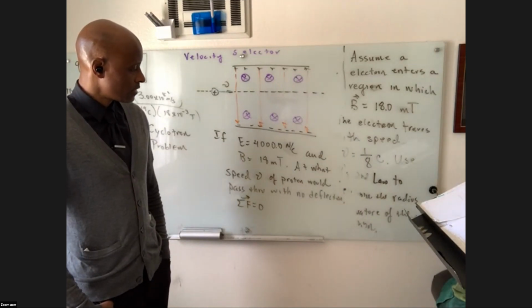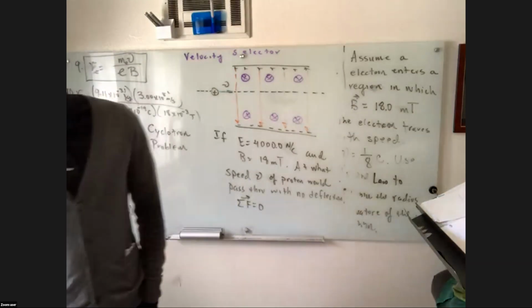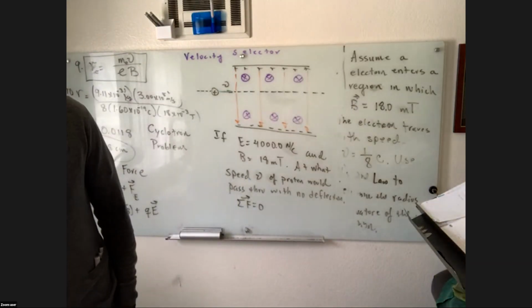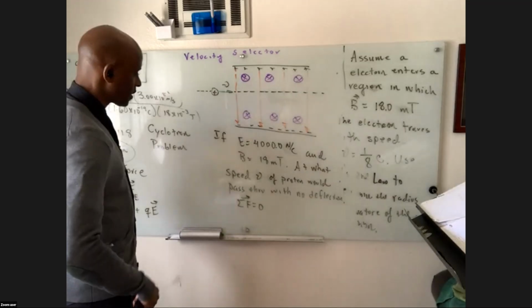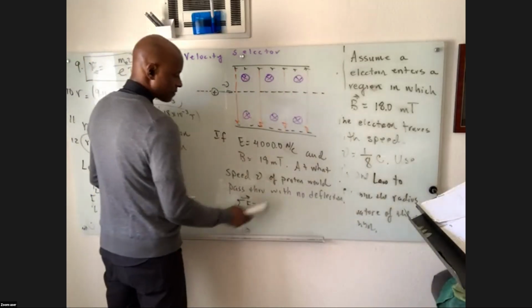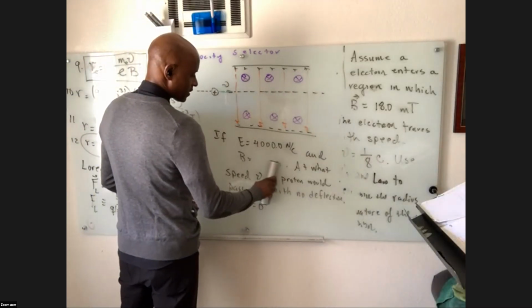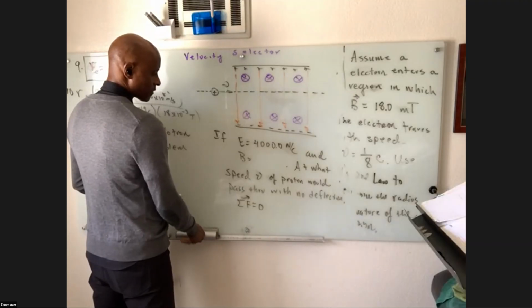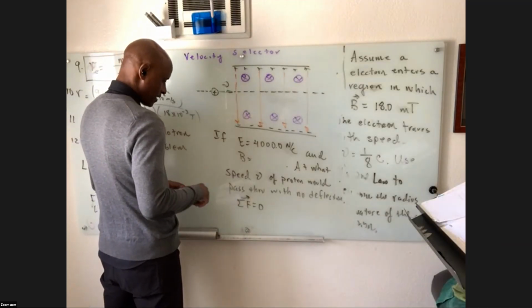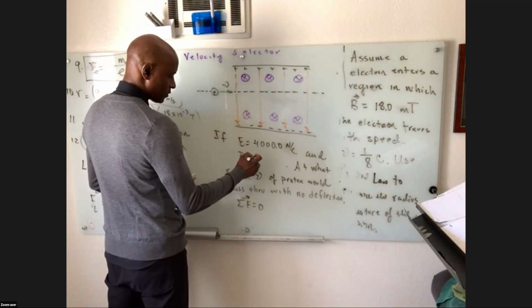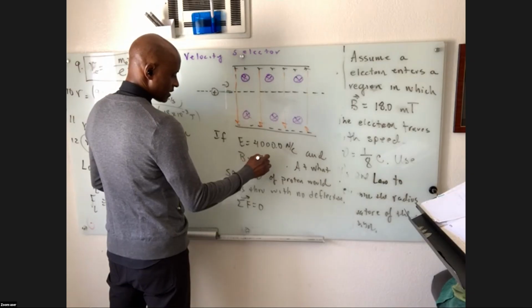Actually, you know what? I did. Let's change the magnetic field. Let's make it a very high magnetic field, something like B equals 18 times 10 to the 5th Tesla.